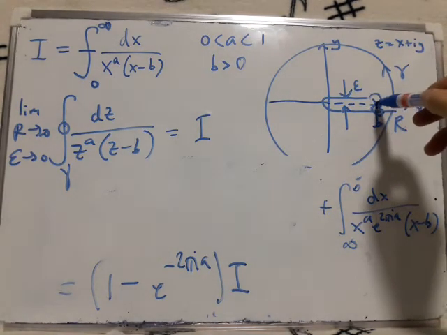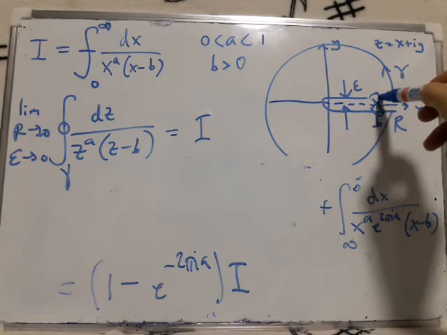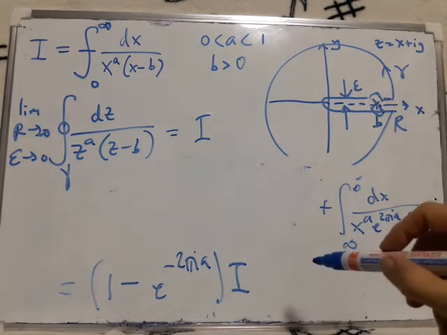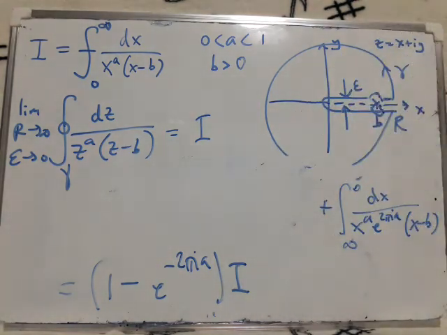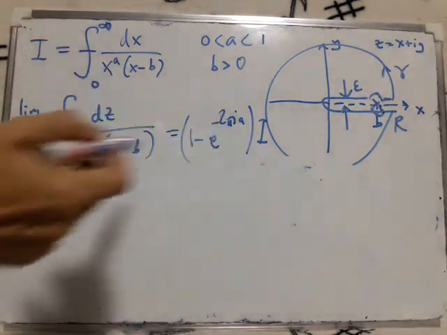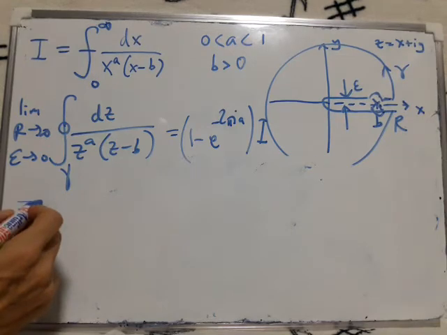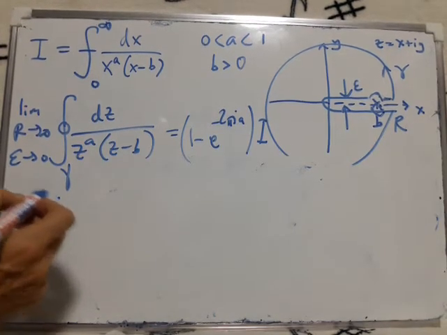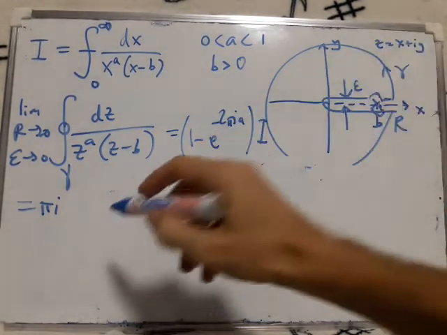Okay, so we need to evaluate the residue of this on this side and on this side. So the answer up there has got to be equal to pi i, because they're half a pole.